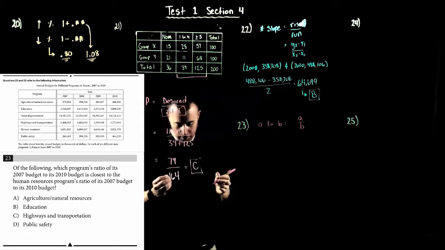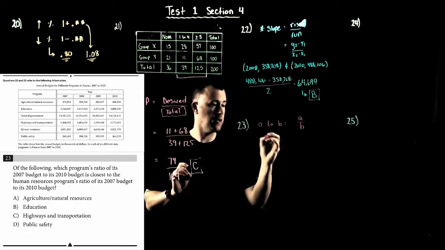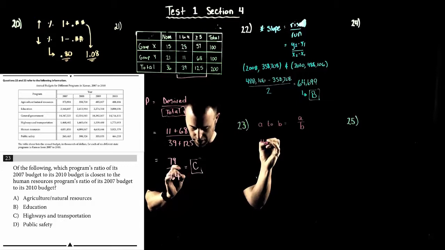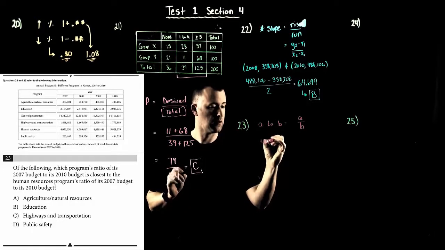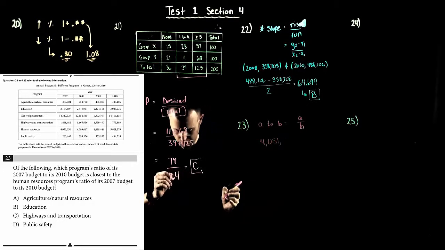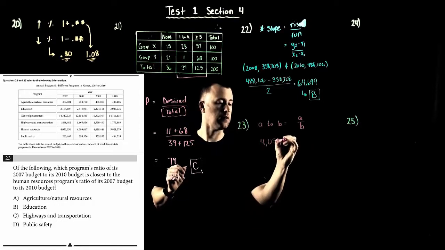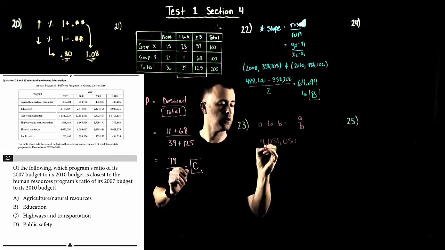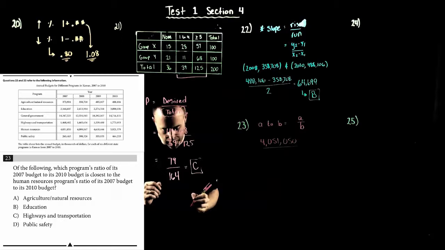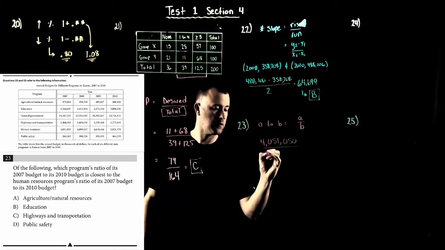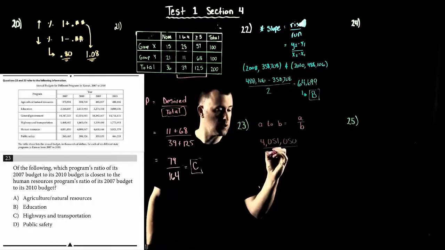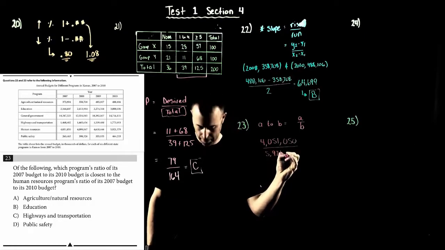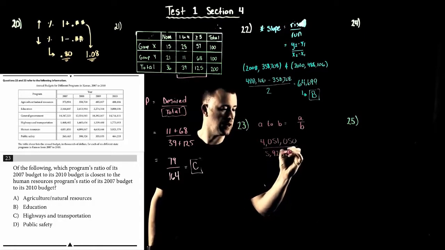So the one that I was given, if you look in 2007, human resources, you're going to get 4,051,050. So I have that ratio, or that number, divided by the 2010 value for human resources, which is 5,921,379.